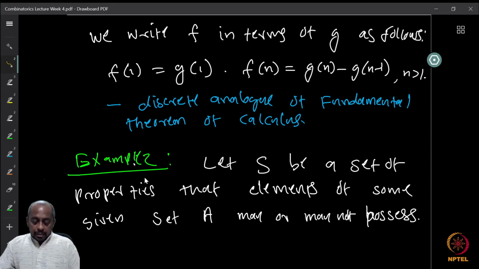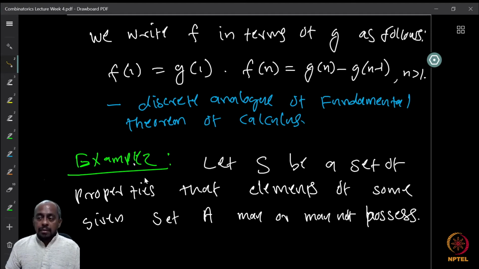Now, one more example, let us look at. Suppose S is a set of properties that elements of some given set, let's say A, may or may not possess. Okay? So you have a big set A of sets, several sets maybe, or some other elements, whatever.